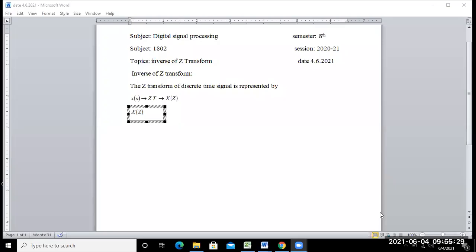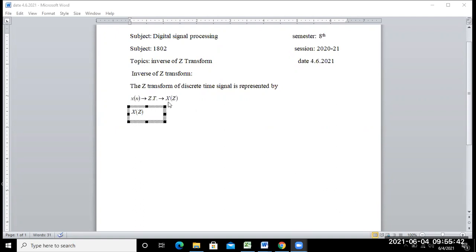Yes, so sir, today we are going to discuss the inverse of the Z transform. If a signal is given in Z transform, then how can we find the inverse of that Z transform, that is, the discrete time signal?